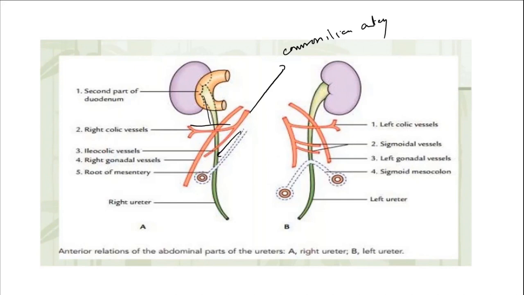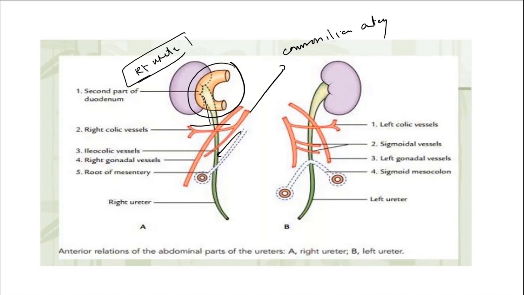Right ureter at its origin is covered by second portion of duodenum. So you can say this is the second portion of duodenum. We are talking about right ureter. And one thing I will tell you: ureter is a very important topic, and you will forget the relationships of the ureter.